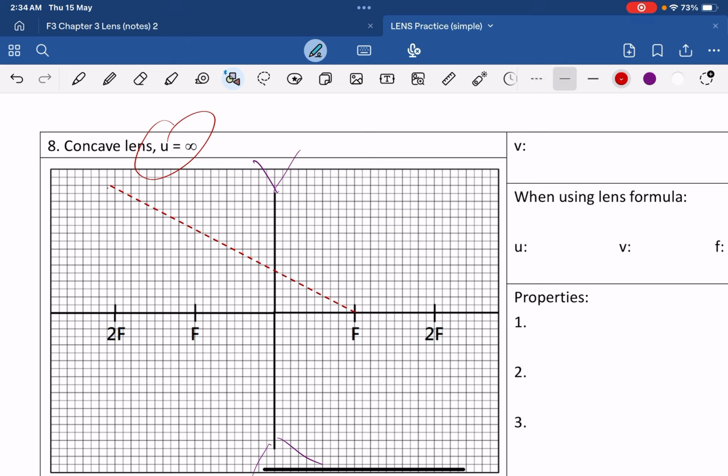Okay, the left hand side is a solid line, and then you give a horizontal line. Because u is infinity, when we draw the second light ray, it should be parallel to the first one.